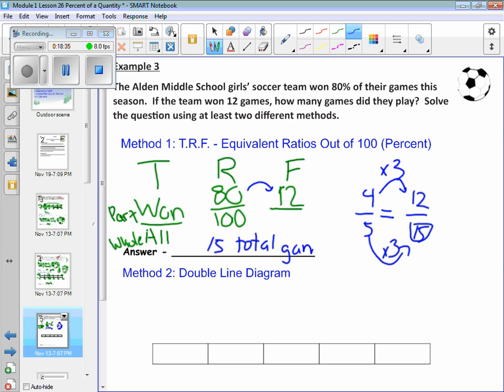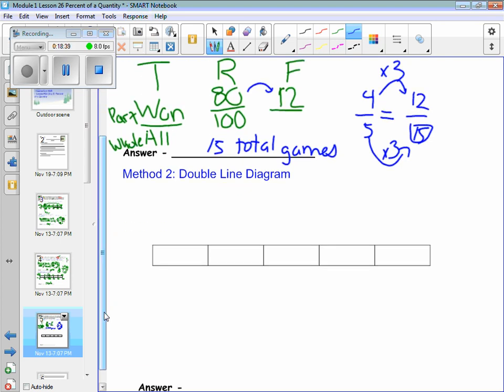What's also an advantage of finding the value of the ratio is we now know that this denominator tells us that we've got to break up our double line diagram into fifths. Our percent hasn't changed. We're still going to count by 20s. Now what? Well, let's give this a label first.